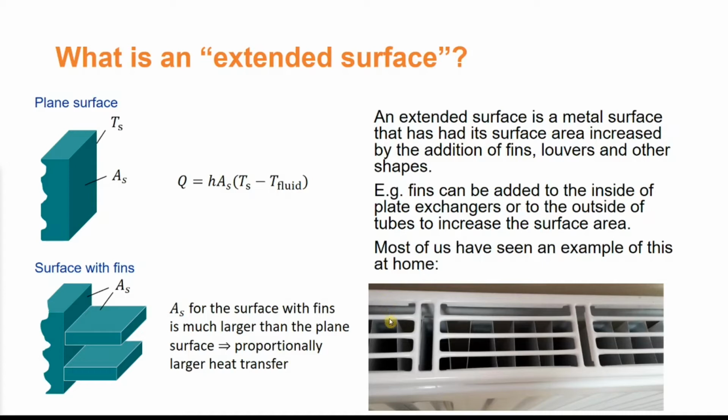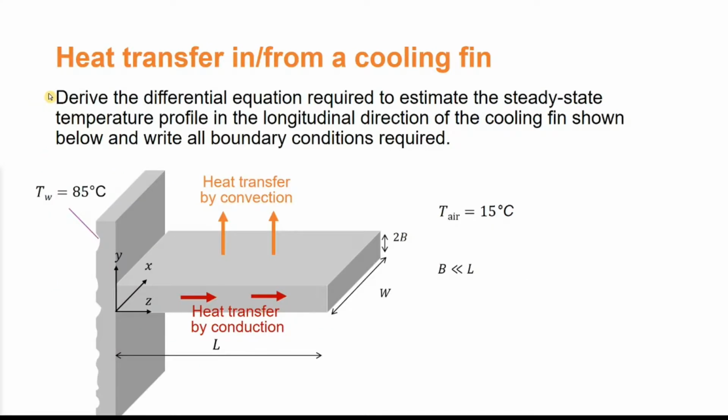Outside the industrial setting, most people will have seen fins on their radiators at home. To understand and calculate the benefit of adding fins to a plane wall, we can derive a model to determine the temperature profile in the fin and ultimately the amount of heat transferred to the surrounding fluid.